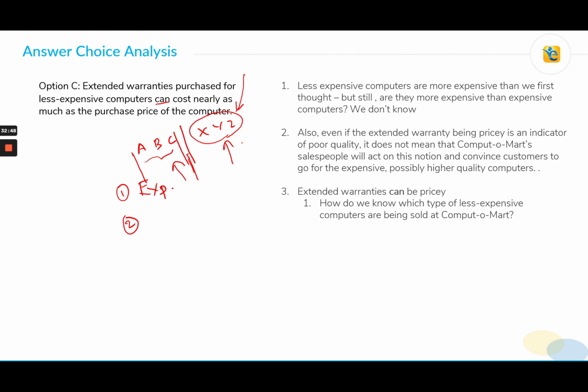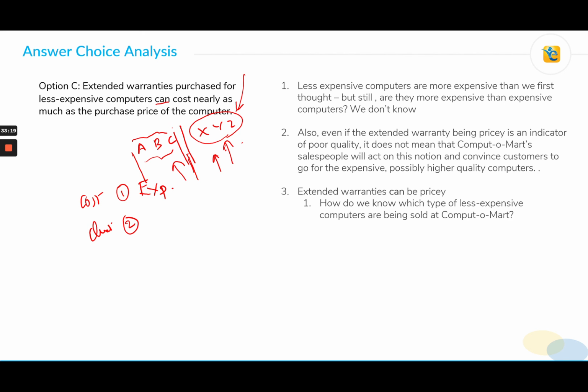Because the extended warranties for these less expensive computers are so expensive, a typical customer might perceive these products to be poor quality, and as a result they might avoid them altogether and again go and buy XYZ. And if they are buying XYZ, that means they are paying extra for computing capability they do not require. So either with regard to the cost aspect or the quality aspect, you might have assumed that this would weaken the conclusion.